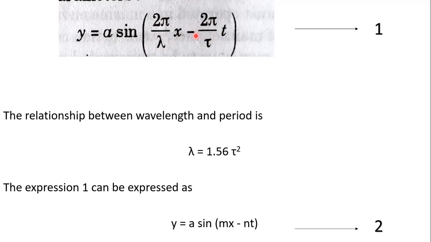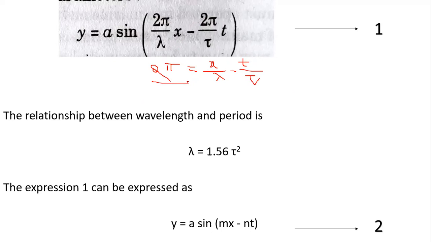So the phase angle 2π equals x/λ − t/τ. This 2π here is represented as the phase angle, and it is dimensionless.